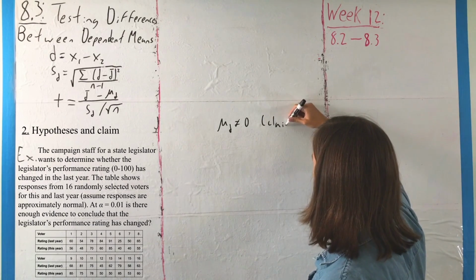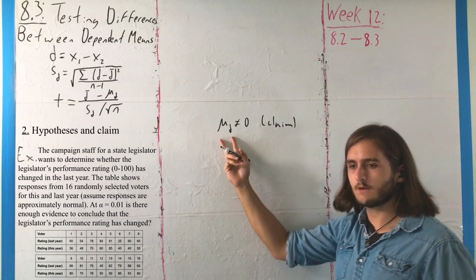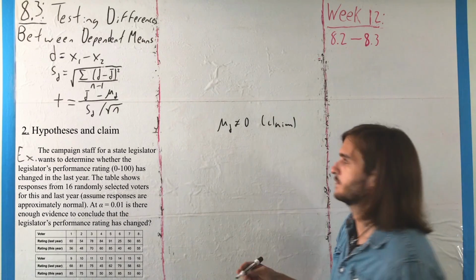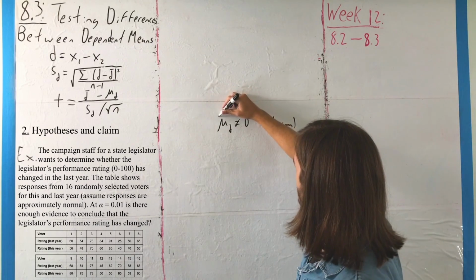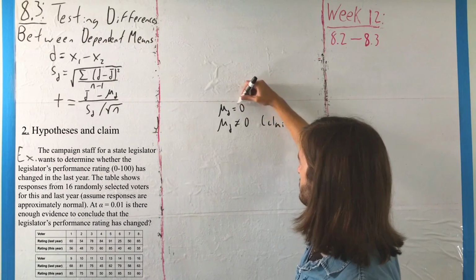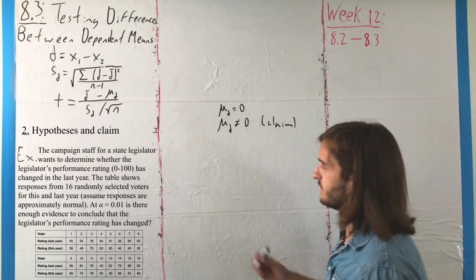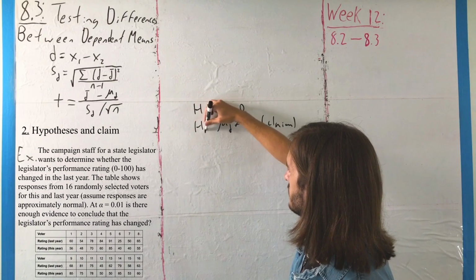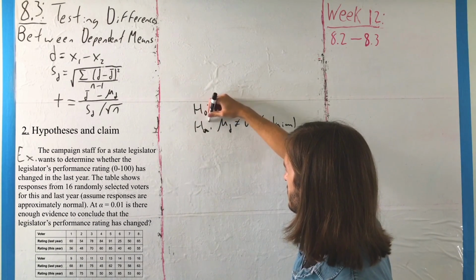It's kind of a subtle way to say that, but if you're claiming that a difference isn't 0, then you're saying there is some meaningful difference. Where the opposite of that is no difference. The means are fundamentally the same. Where that has a null flavoring, this has an alternative flavoring.